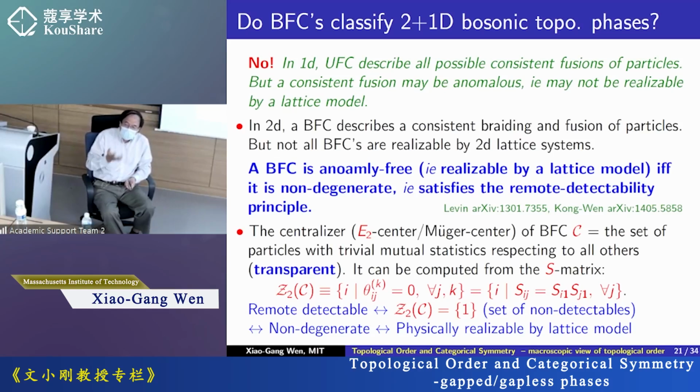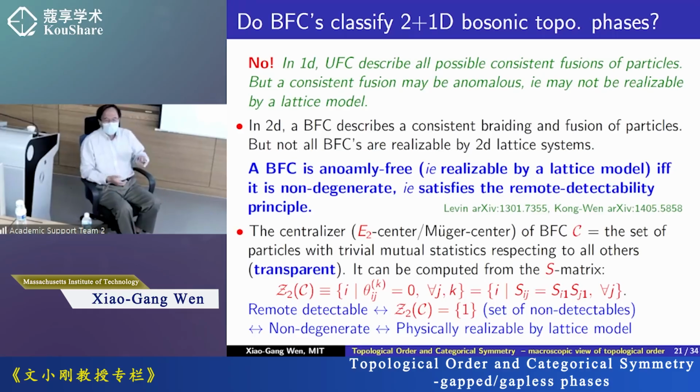And the non-degenerate one is called a modular tensor category. Okay, so braid fusion category is more general. It could be degenerate. And the modular tensor category is a subset of that. It satisfies this remote detectability. It's anomaly free. And they are all realizable. The modular tensor categories are all realizable, at least that's a conjecture. We think they are all realizable.